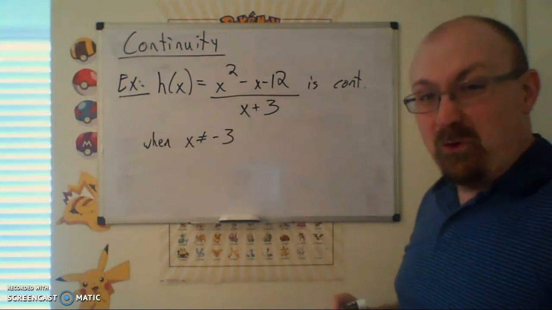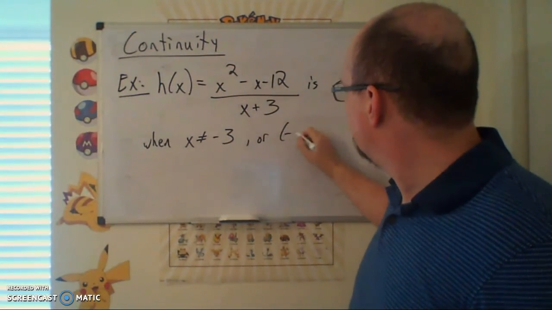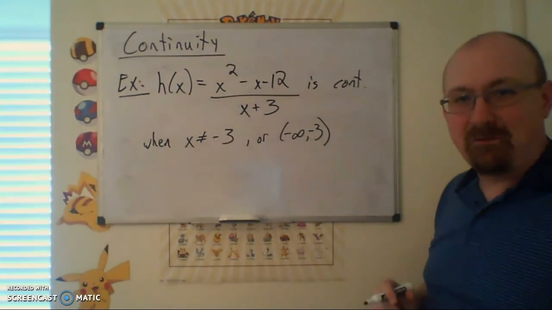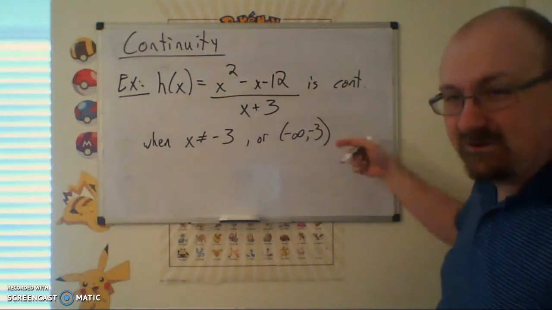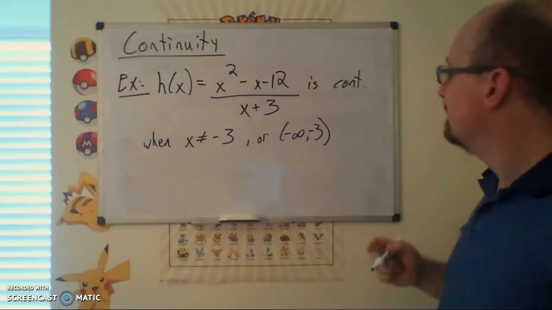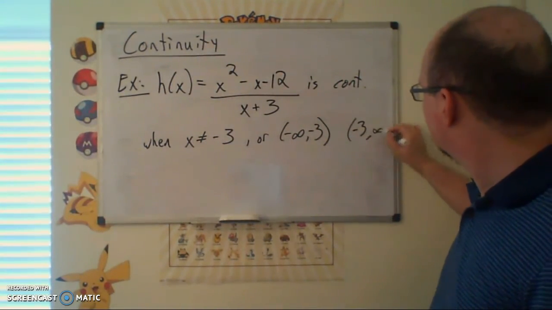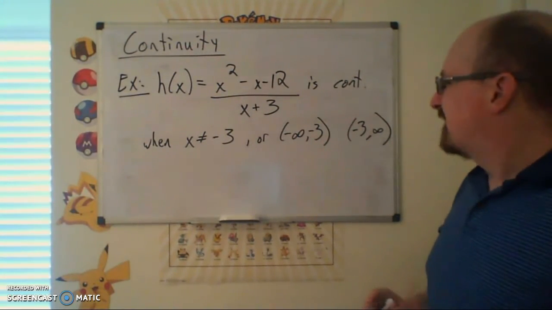So in interval notation, what's this going to end up looking like? So we have everything up until we get to negative 3, and then close off these parentheses. We don't want a bracket because we don't want to include it. Then on the other side, we have negative 3 to infinity.